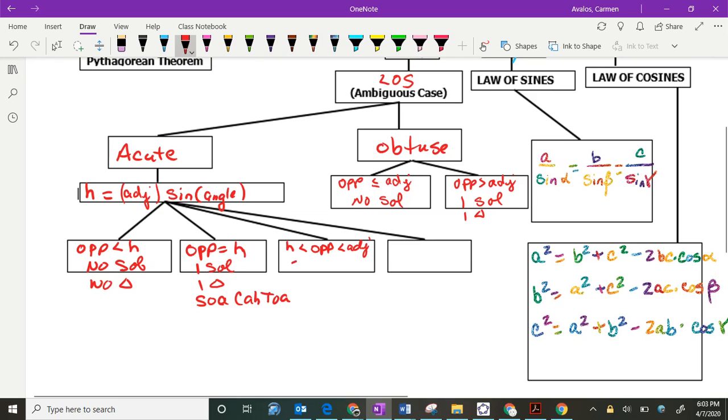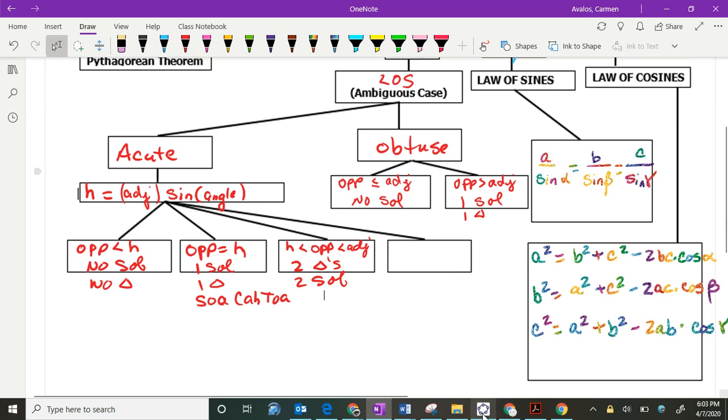Then this one here gives us two triangles, and so therefore we're going to have two solutions of the angles that we're finding. So there's only going to be one angle of the ones that are given, but you're going to have two of the sides that are missing and two of the angles that are missing.